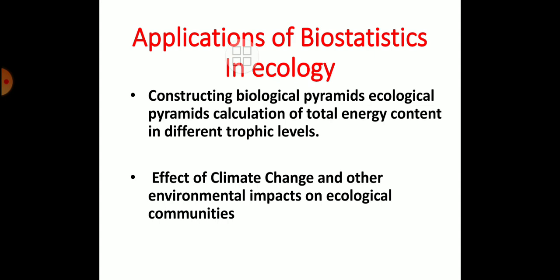But why or how are these things going to happen, which things are responsible, which climatic change is responsible for making the plant species extinct? That we can find out: the effect of climatic change and other environmental impacts on ecological communities, on living organisms.